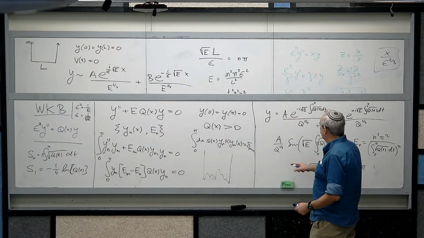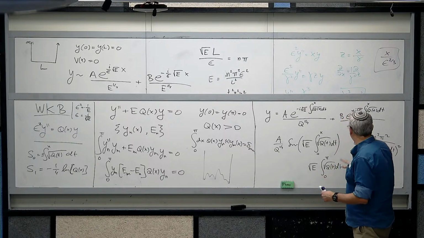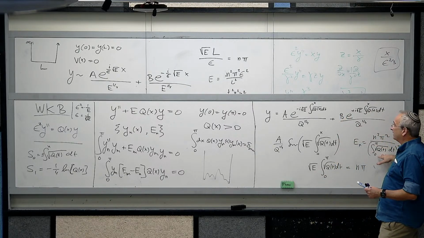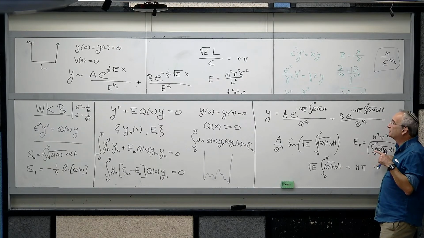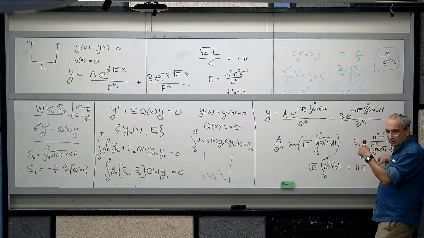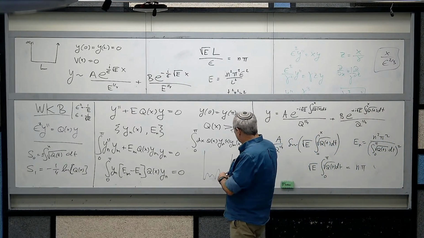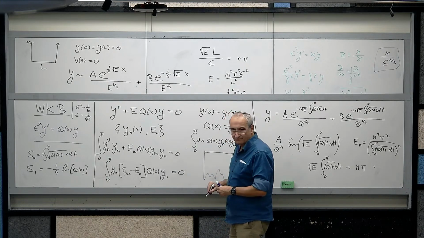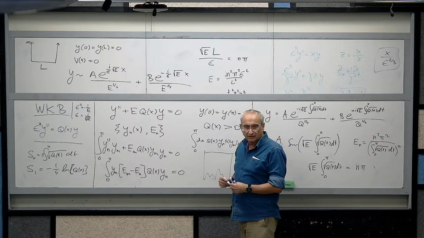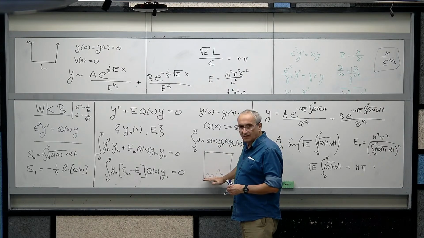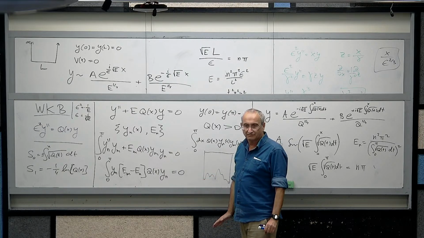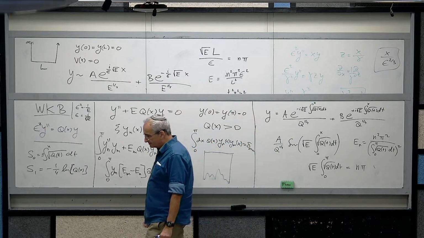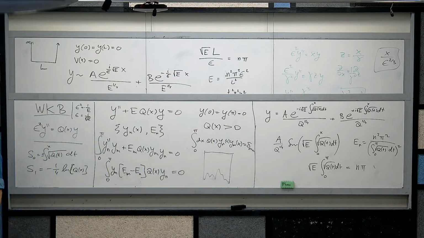Here are the energies, and these are the wave functions. Of course, it will work only in the limit of small epsilon, which is the limit of large energies. For large energies, we are going to get correct results. For energies close to the bottom of the potential well, we are not going to get the correct results. That's the quasi-classical approximation.